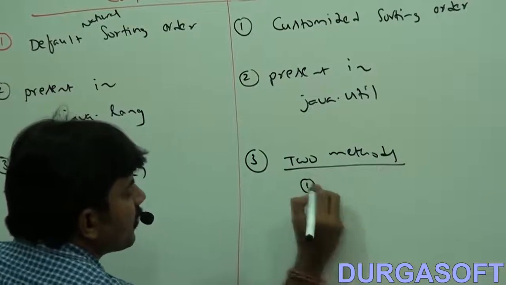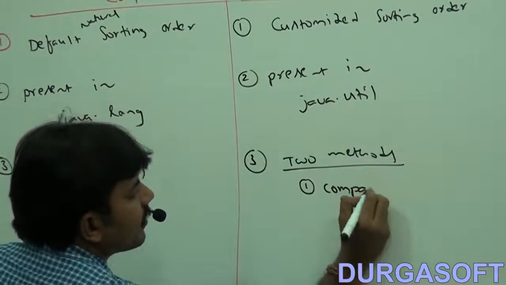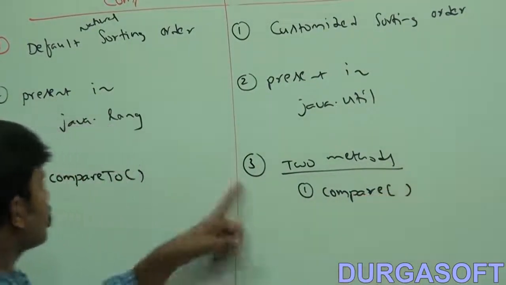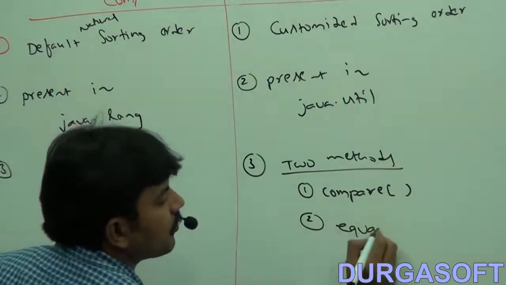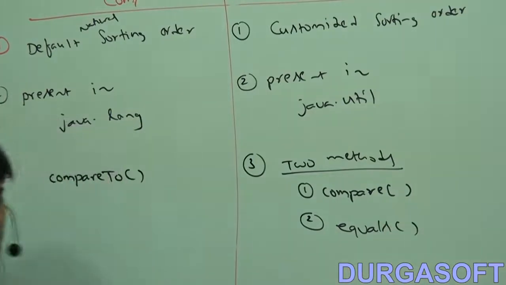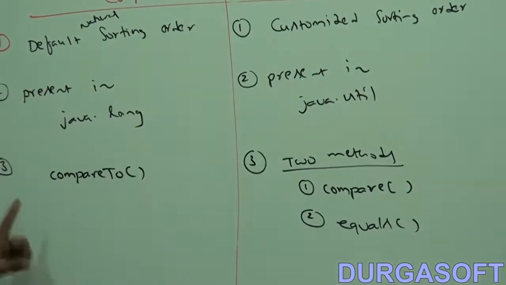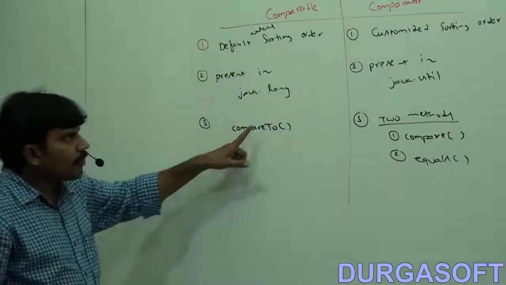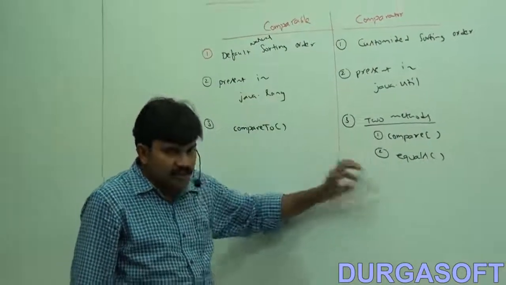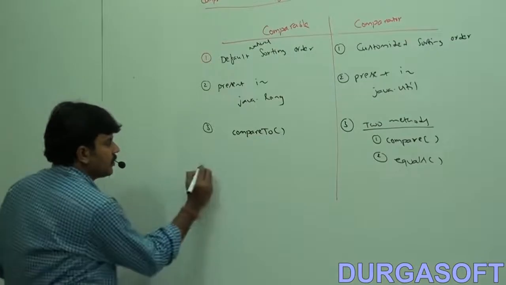The first one is the compare method, just like compareTo. The second method is the equals method. Of course, most of the time the equals method is a dummy, we know. So Comparable contains only one method, compareTo, and Comparator contains two methods, compare and equals.